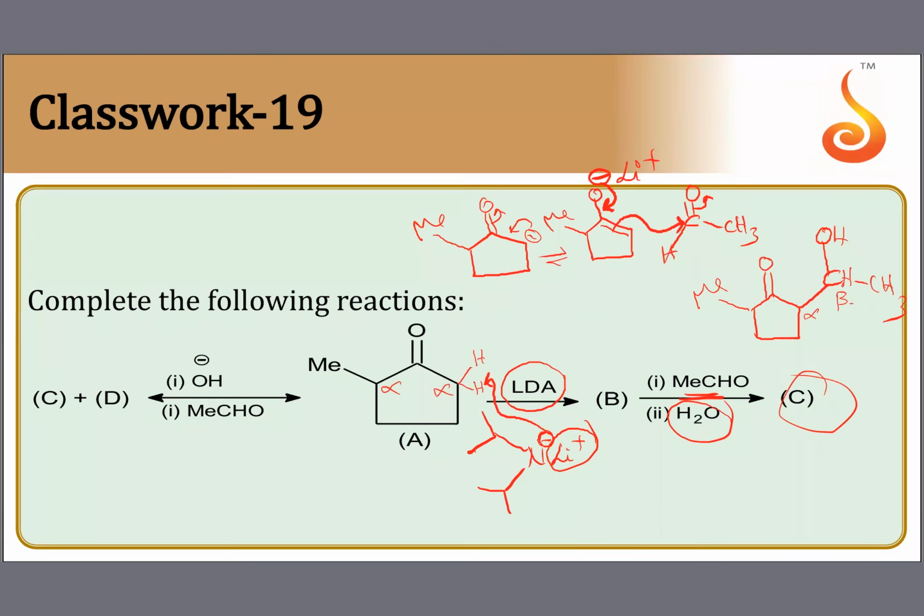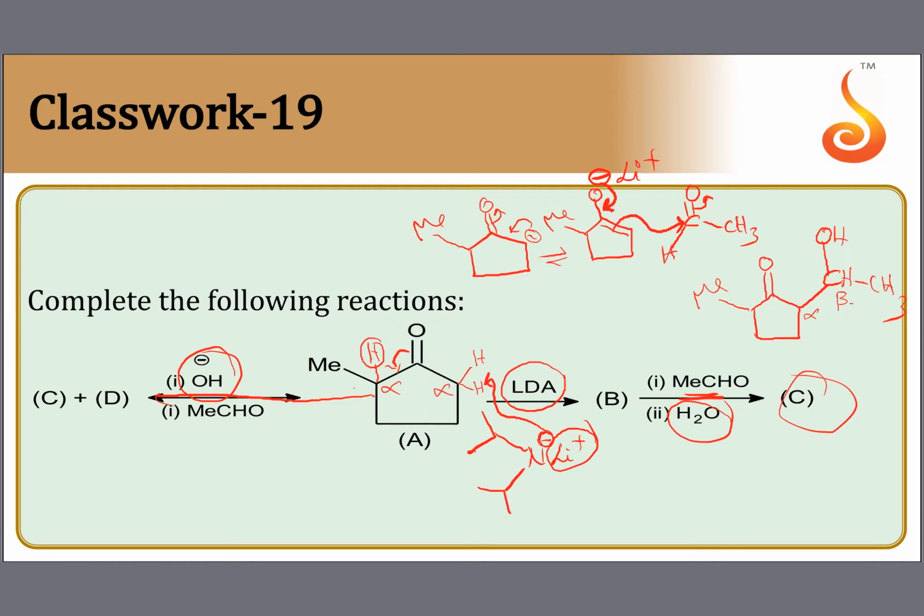Next one. This is one side. Other side, what will happen? Normal base, small base we are using. So when a small base is used, what happens exactly in the opposite direction? H plus is removed from this alpha carbon, left side alpha carbon. CO pi bond becomes CC pi bond.